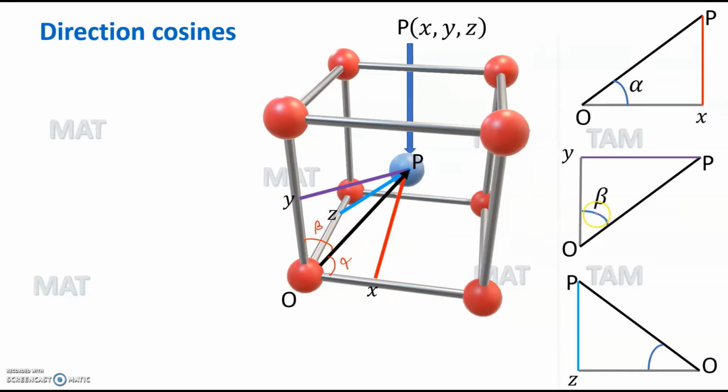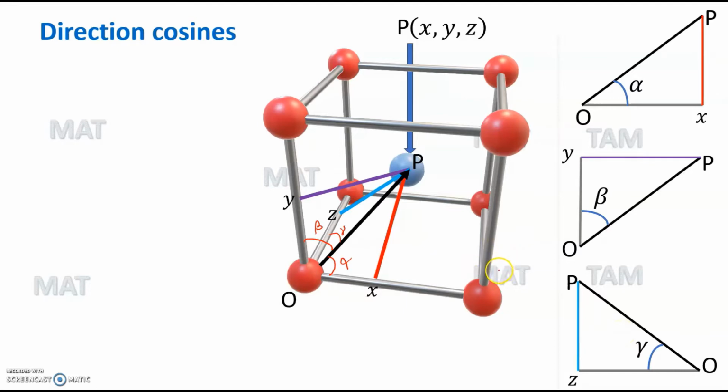Then we have the third angle, which is Z, O, and P. I hope you can visualize this, Z, O, and P, and this angle will be gamma. So we have our angles alpha, beta, and gamma. Once you have visualized these three triangles, now it's very easy to find the direction cosines.